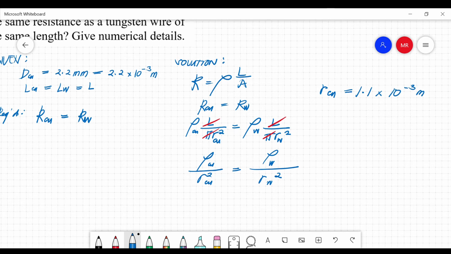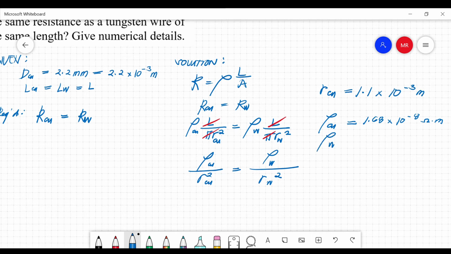If you try to search for the resistivity constant of common materials, the resistivity of copper would be equal to 1.68 times 10 raised to negative 8 ohm meter.